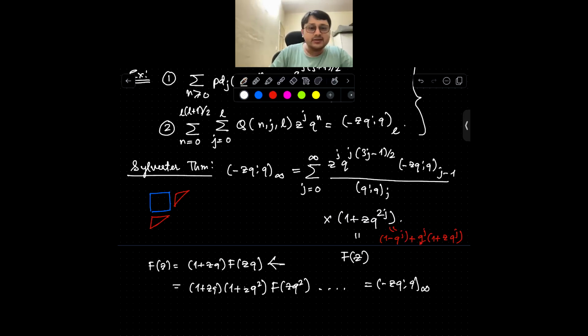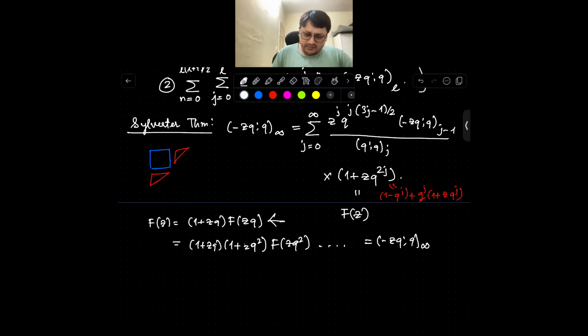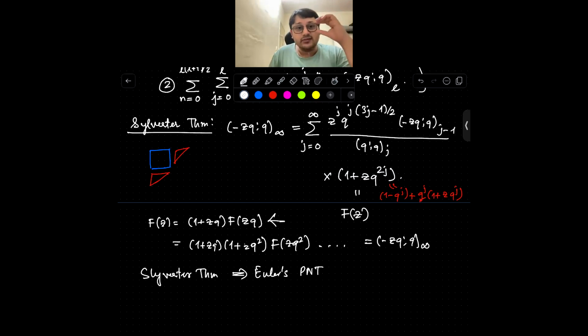But there is one important thing I would like to mention about Sylvester's theorem, which is, I think, missed in the book, but it's a very well-known fact. Sylvester's theorem actually implies Euler's pentagonal number theorem. You can already see one side of the pentagonal number theorem if you set z equal to -1: this just becomes q infinity, and z raised to the power j becomes (-1) raised to the power j, which you still need.